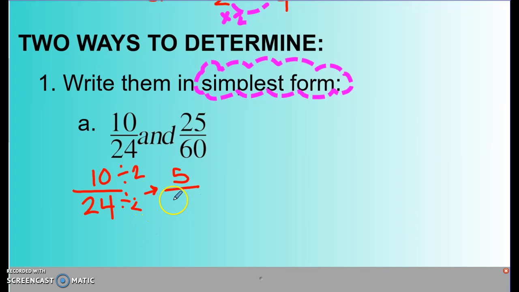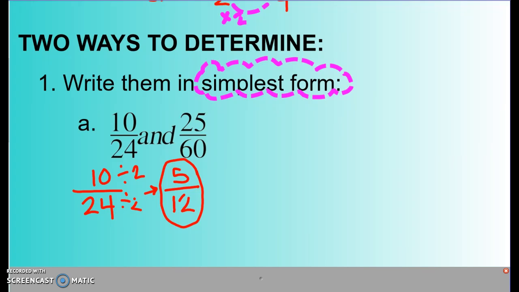And 24 divided by 2 gives me 12. 5 is a prime number, which means that it doesn't have any other factors or numbers that can be multiplied by other than 1. So that puts us here that this is it. This is in simplest form.